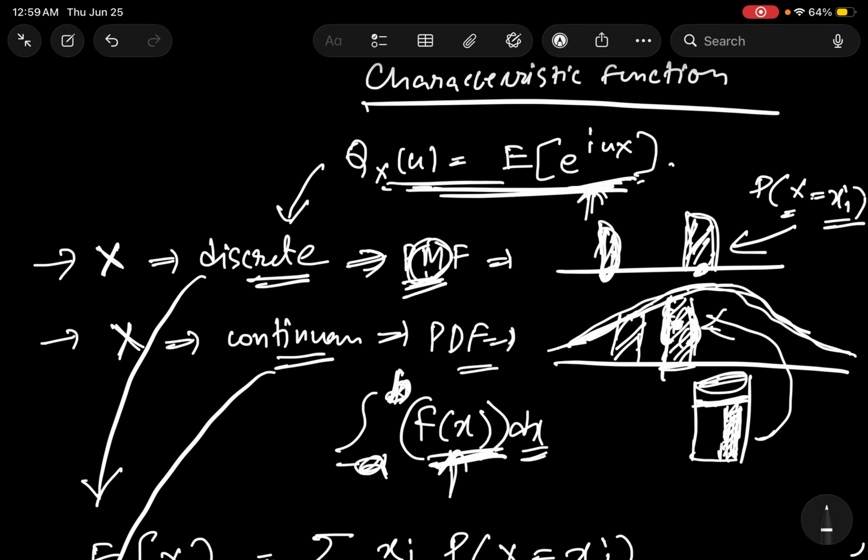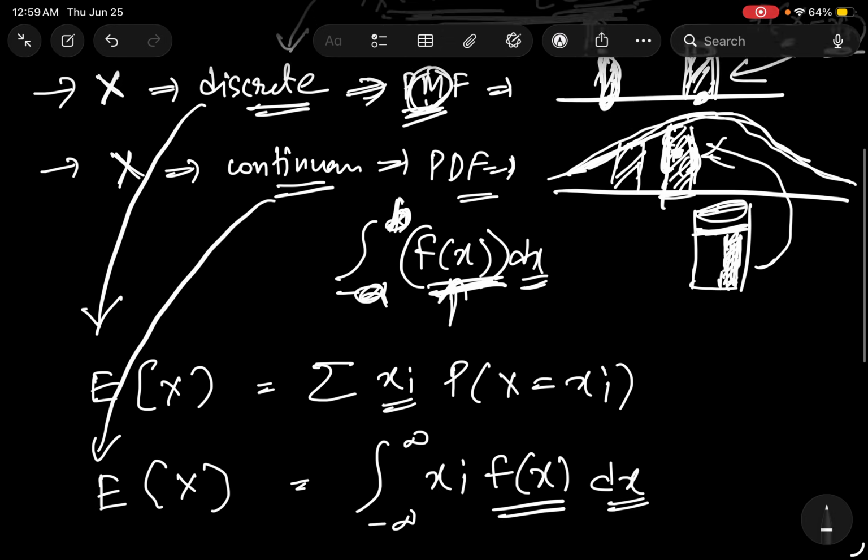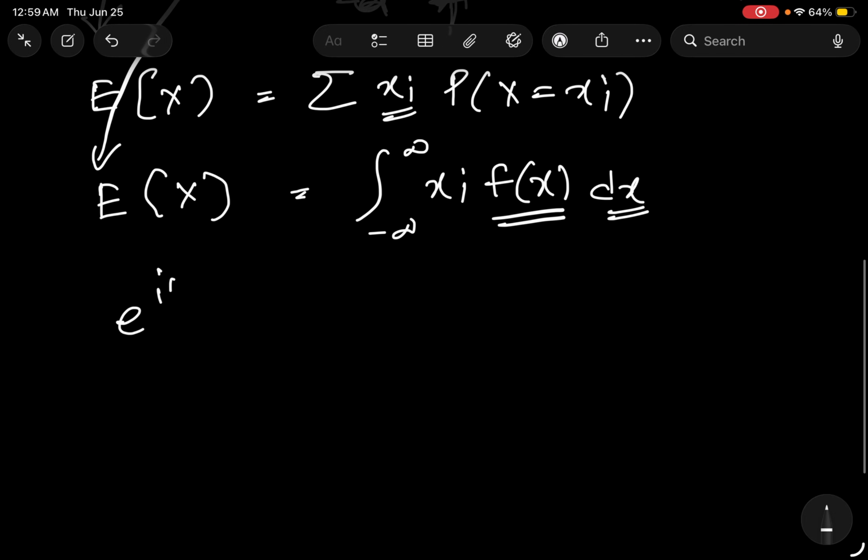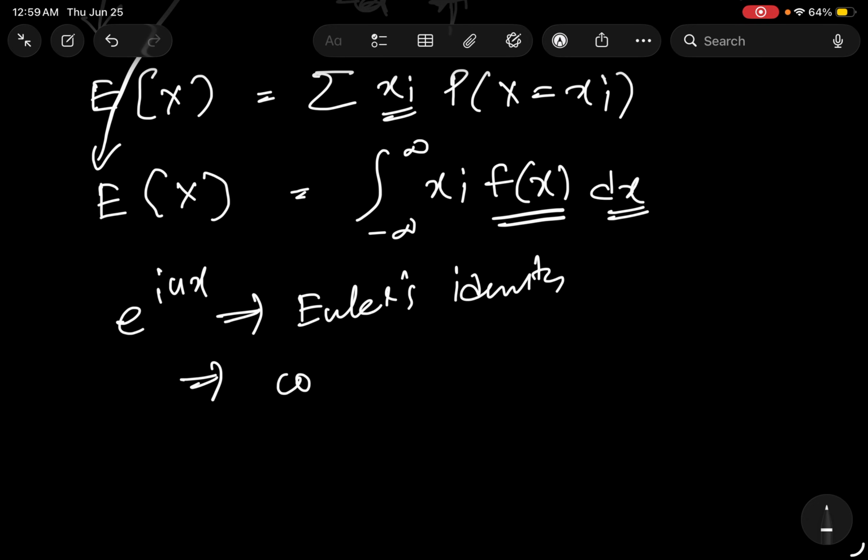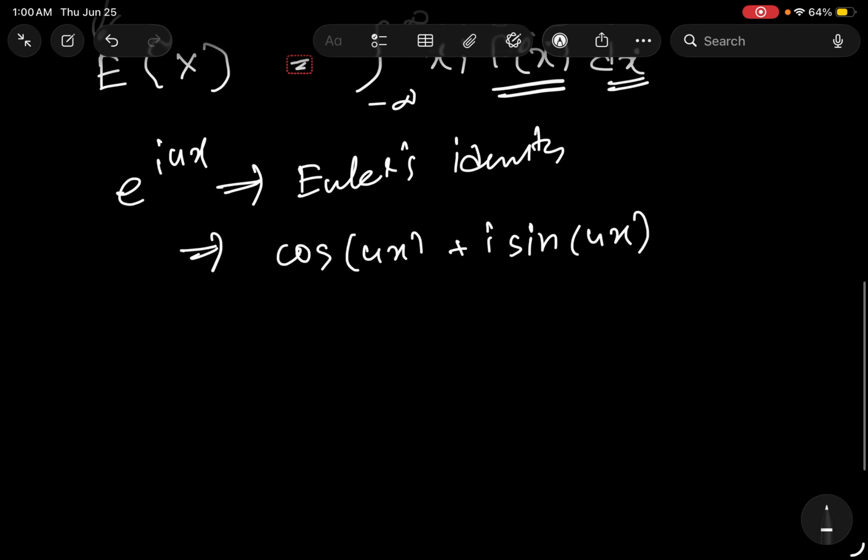How? Let's say what it truly means. If you guys are aware of Euler's identity, this can be written as this, right? Now our characteristic function had expectation, so let's take expectation of this.